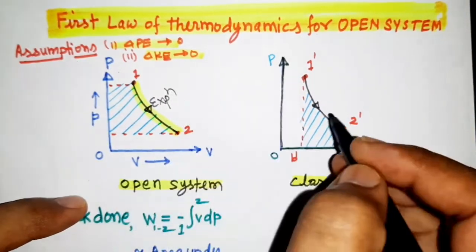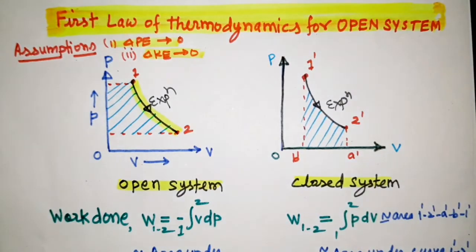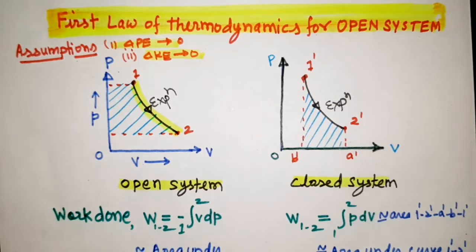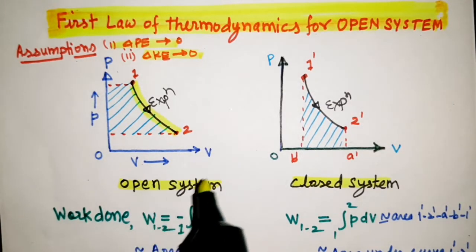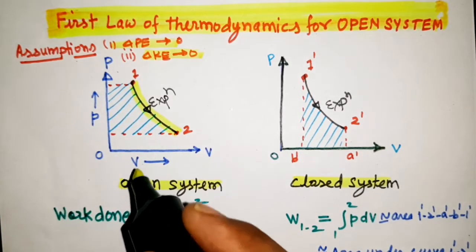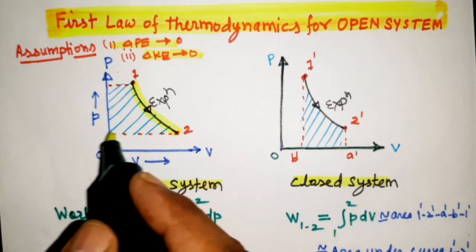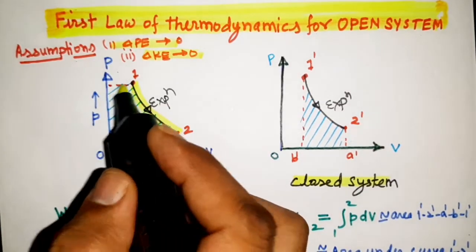Expansion is taking place in both the diagrams. Here you can see this graph is drawn for this process 1 to 2, and this is projected on the pressure line here.